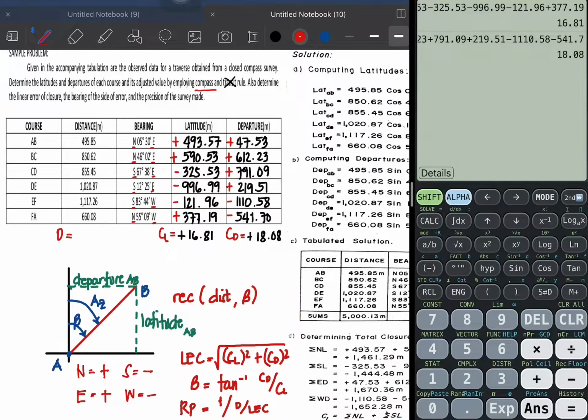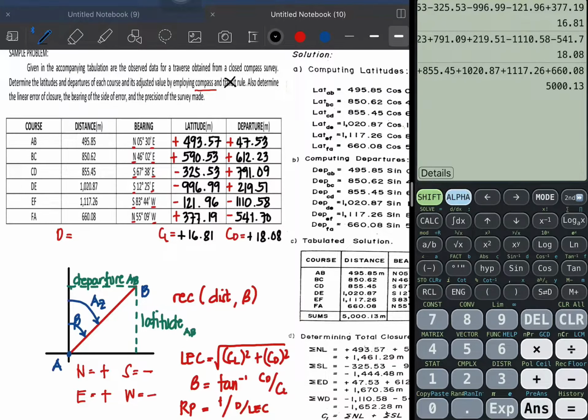So you add all the distances: 495.85 plus 850.62 plus 855.45 plus 1020.87 plus 1117.26 and plus 660.08.